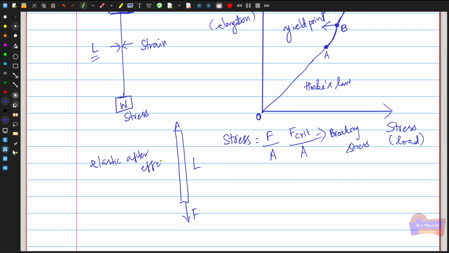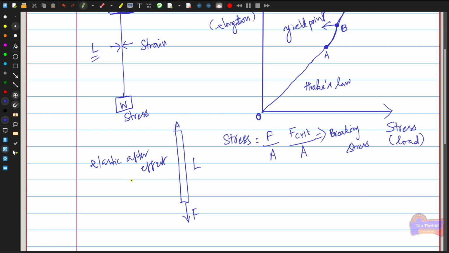When you apply a load and then remove the force, the length of the wire does not come back to the original instantaneously, but takes some time. So when doing experiments with elasticity, if you are loading and unloading weight, you have to wait for some time for the material to regain its original length. That is called the elastic after effect.